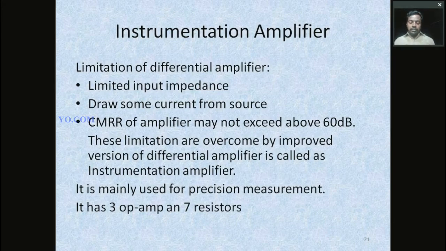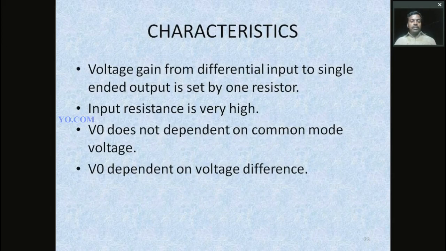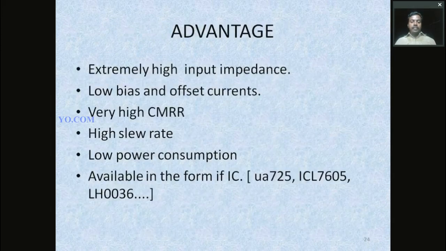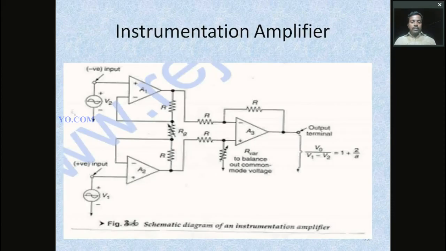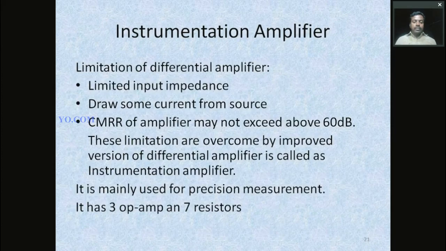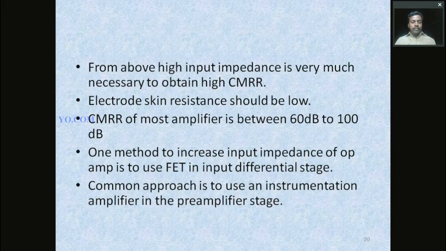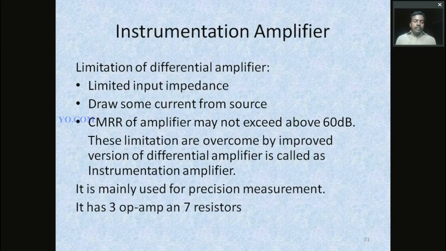In the last slide, the CMRR should be 60 to 100, right? But here the CMRR is around 60 dB only. Okay, the CMRR of most amplifiers is between 60 dB to 100 dB, but in the differential amplifier it is only 60 dB.